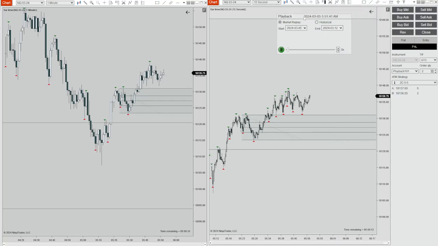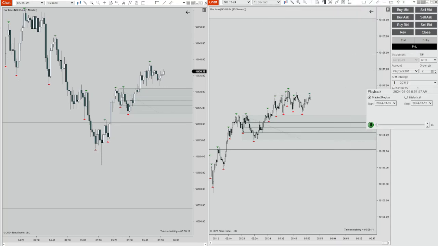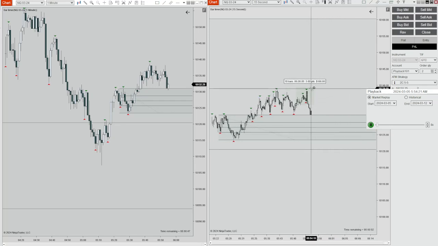And the time is 5:50, so London is just ending. So it looks like if we had entered in that one, it would not have worked out. So now, again, I wanted to see us tap into this zone.